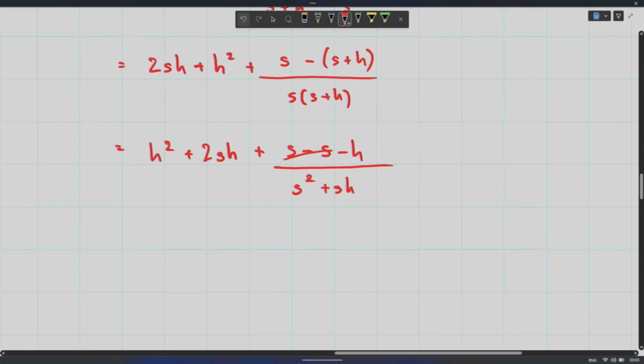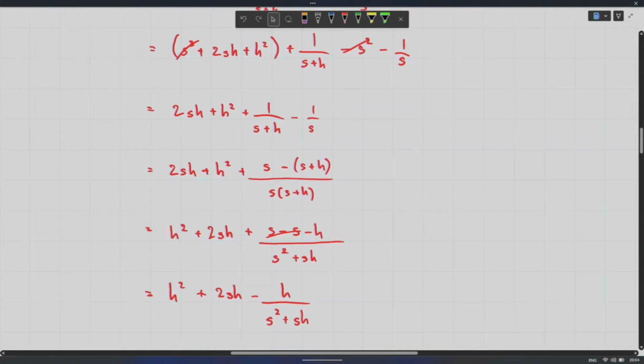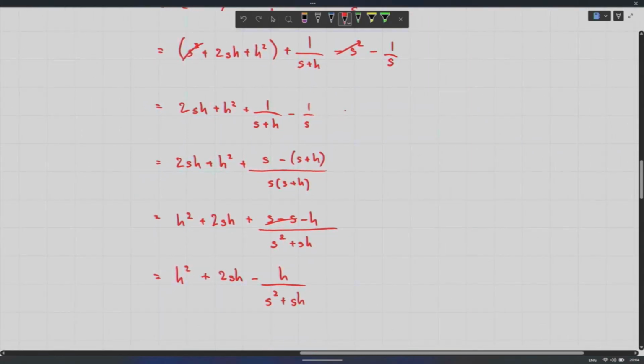So this cancels out and it becomes s squared plus 2sh minus h over s squared plus sh. This is the beautiful form. Actually, you can answer this, or the earlier one, which is the same.